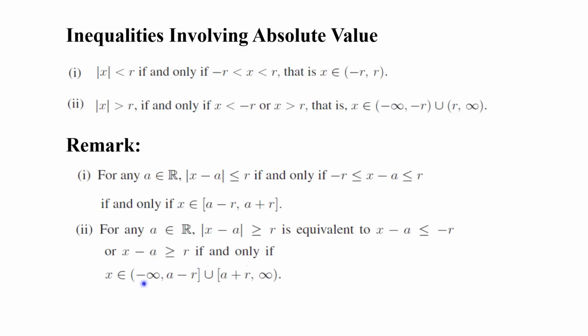For infinity, either positive or negative, you have to always use the open interval. But for less than or equal to or greater than or equal to, you have to use the closed interval. So x belongs to the open interval minus infinity comma a minus r union a plus r to infinity. Here closed interval.